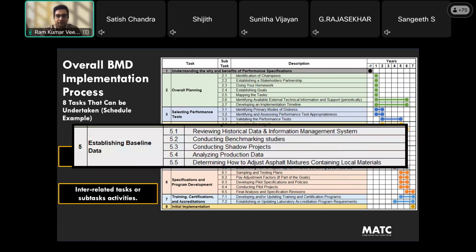So with this case study, the task we were assigned was to establish the baseline data. This baseline data involves reviewing historical data and information management systems, conducting benchmark studies, and conducting shadow projects just to see the overall performance, analyzing this production data, and determining how to adjust asphalt mixtures containing local materials.